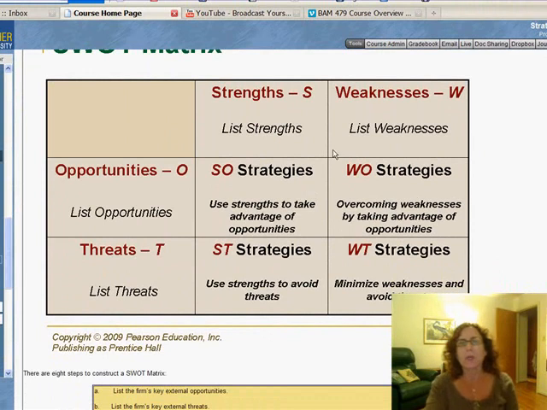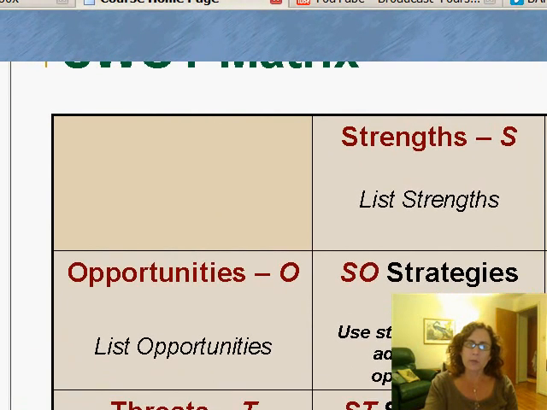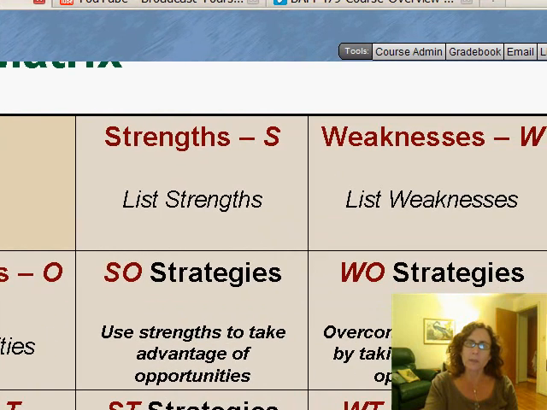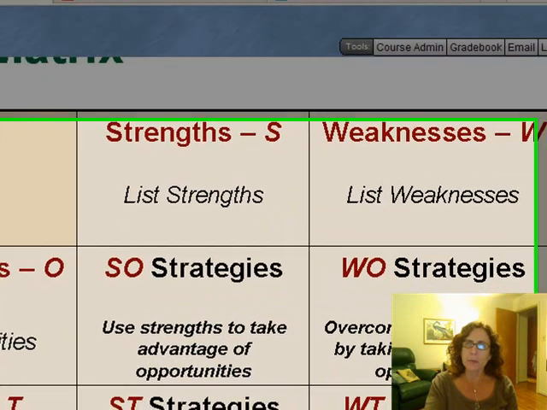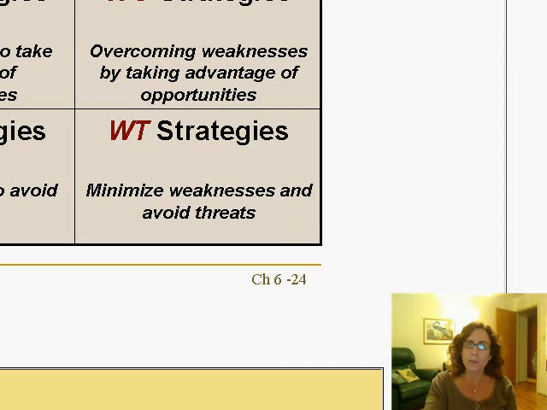I will say that the SWOT matrix is probably the most commonly used and the most favored by students, because it tends to be pretty straightforward and intuitive, where you're taking the strengths, weaknesses, opportunities, and threats, and then trying to formulate strategies that take advantage of the company's strengths and opportunities, or overcome the company's weaknesses and take advantage of the opportunities, or ST strategies where you use strengths to avoid threats, or WT strategies where you minimize weaknesses and avoid the threats.